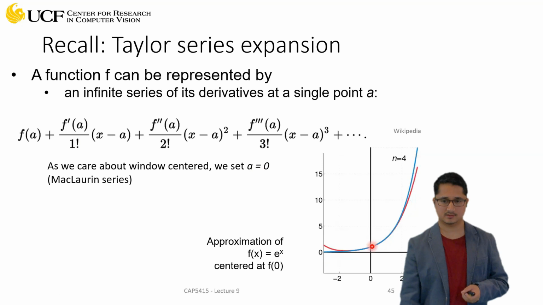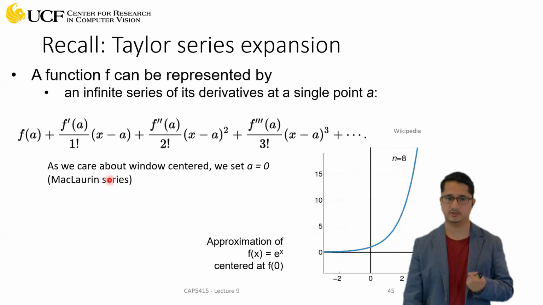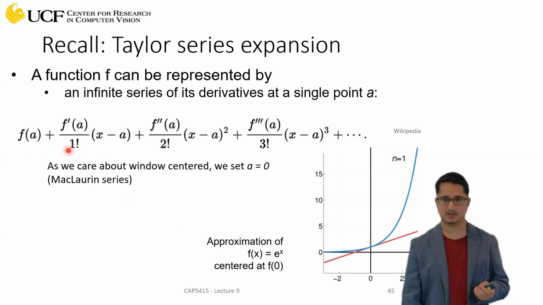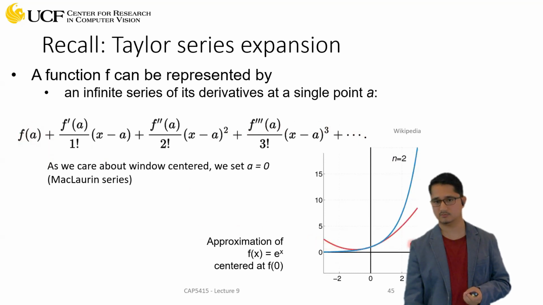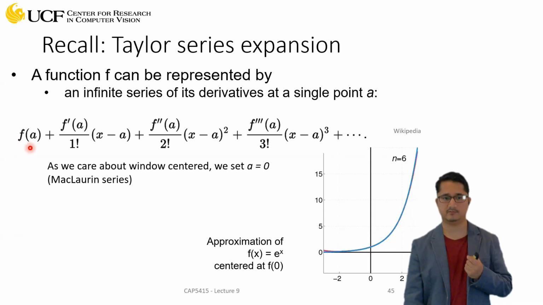Now, if you look at this simple animation, the actual function was exponent of x, the blue curve. And the red curve is showing you the approximation of this function using Taylor series. And these values of n are how many terms we are using. If you just use the first term, it's just a horizontal line, because it's just f(a), one value.